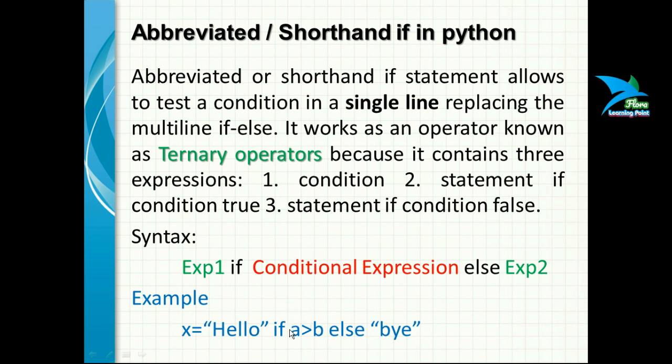And if this condition is false, then bye will be stored into x. Here we can also define numeric values. You can also write here 100, 200. So in this way you can use the abbreviated or shorthand if statement as a ternary operator in Python.